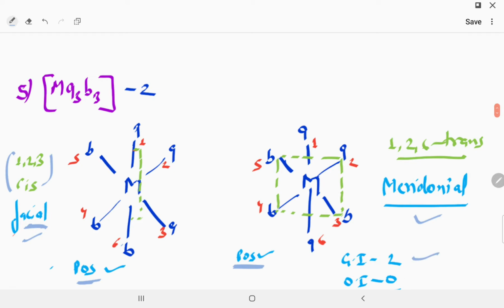Whenever a plane of symmetry is there, optical isomerism is not present. So we can say directly that in this compound optical is not present but geometrical is present. So total stereoisomer is 2. So total isomerism is 2.